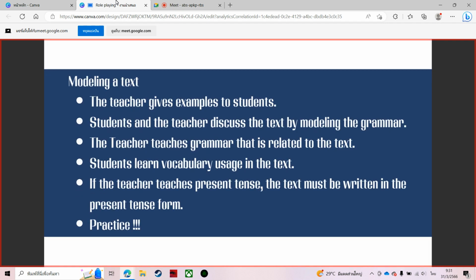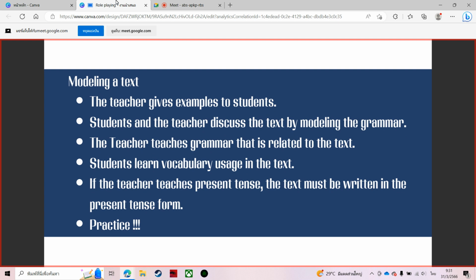Okay, so the second step is modeling the text. First, the teacher gives an example to the students. Teacher and students learn some English together by looking at an example and asking what topic the text is talking about.